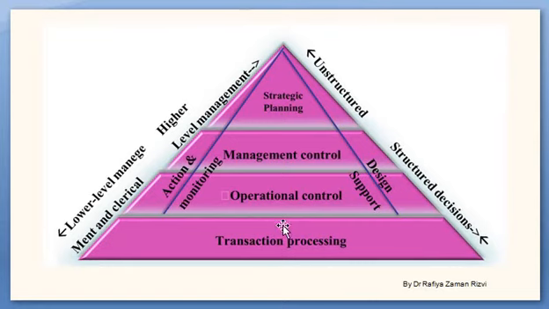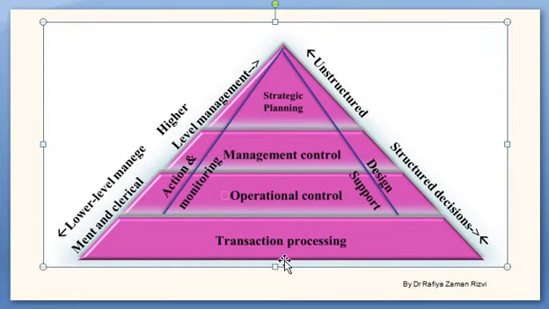Now there is interaction or communication between these levels. The lower level interacts with the middle level, and the middle level then interacts with the upper level and the lower level. The interaction can be different. When the middle level interacts with the upper level, they find out the various decisions that have been taken, the policies, the rules and regulations, and these are communicated.